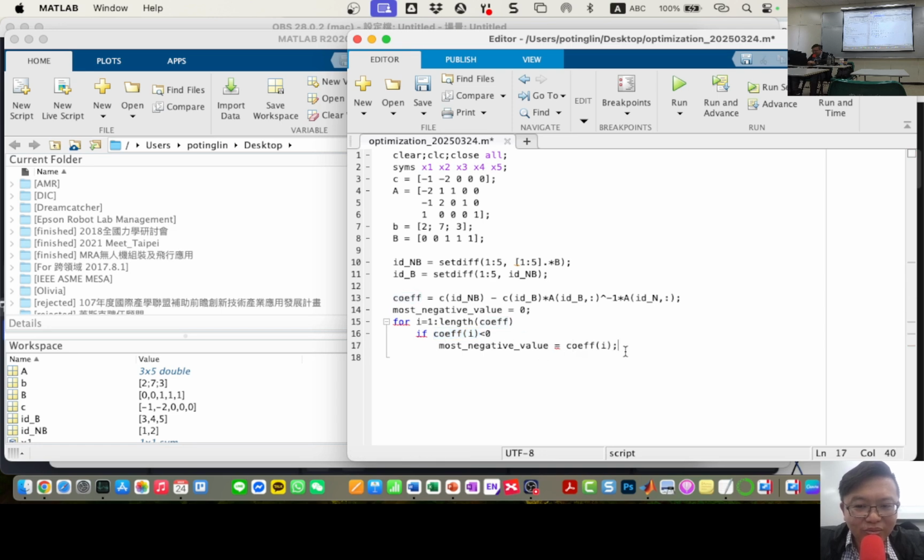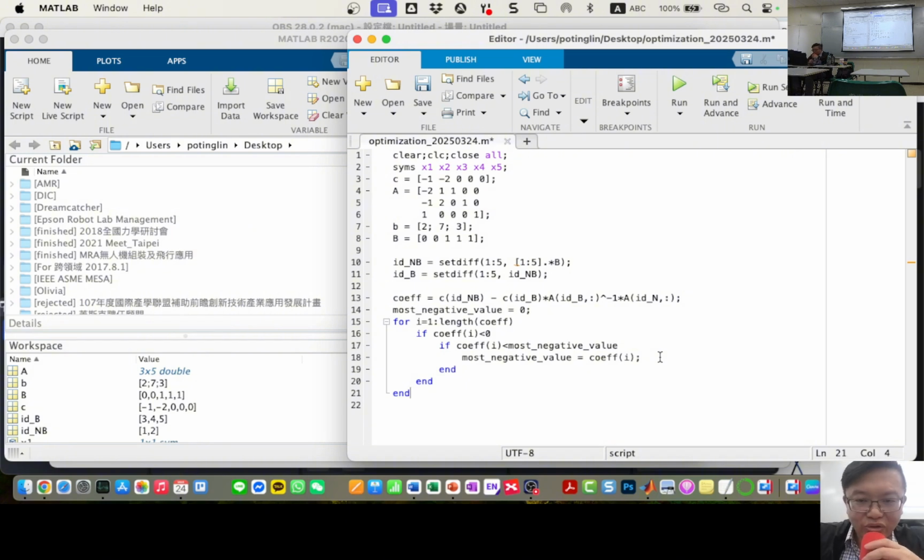No, I need to do a comparison. If that one is smaller than the memory, then replace it. Right, so initially that value is 0. If I found another negative one, and if it's smaller than the most negative one, replace it.